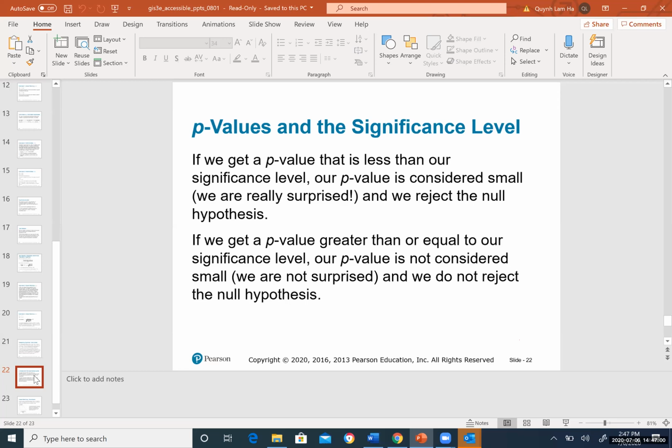In other words, when you find a p-value by the z-table or by StatQuant, if the p-value is smaller than alpha, and alpha is 1% or 5% or 10%, then you reject the null hypothesis. And the opposite, if the p-value is greater than or equal to alpha, then you don't reject the null hypothesis.